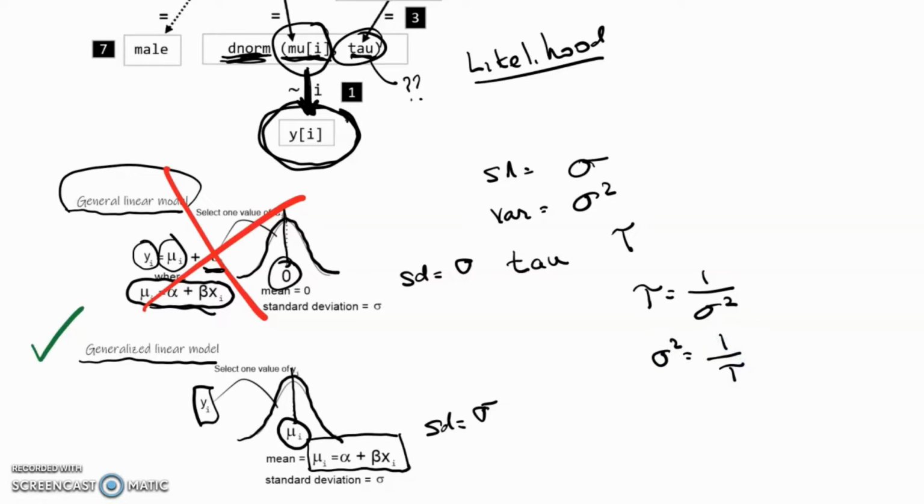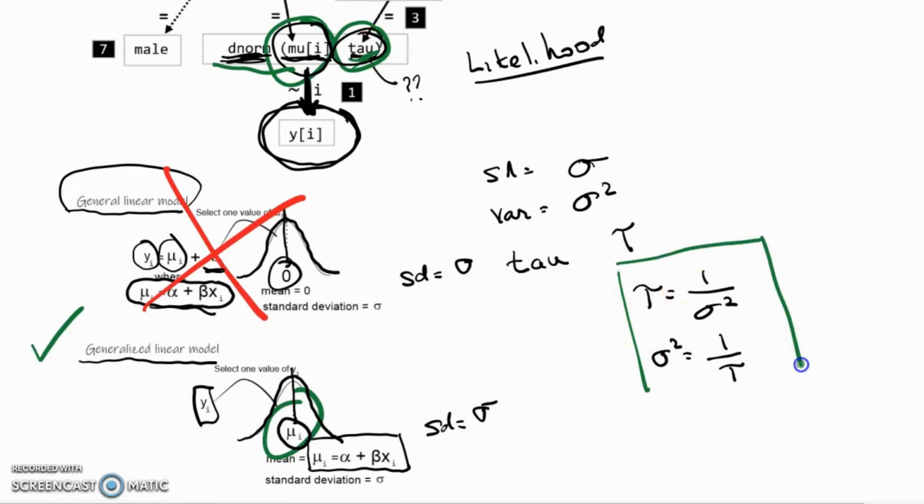So, in terms of the likelihood function, the observation is going to arise from a normal distribution with mean mu I, just shown down here, and this new thing tau, which is related to the more familiar variance in this way.